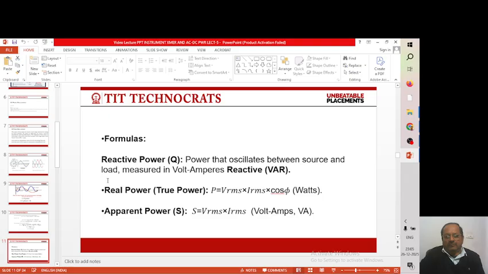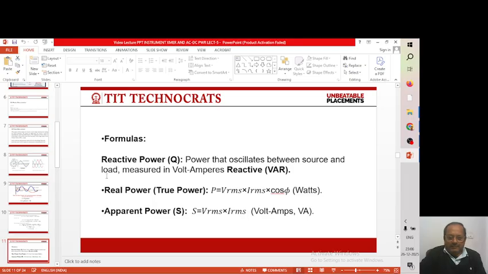So what are those powers? First is apparent power, second is reactive power, and third is this real or true power, which we calculated on the previous page.